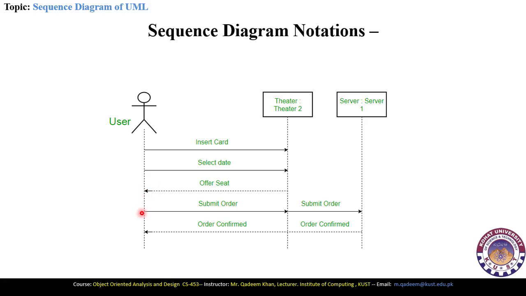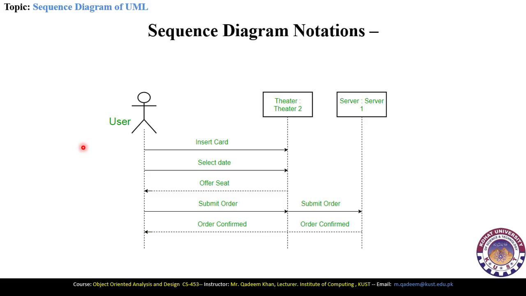Then the actor submits the order to Theater 2, but this order goes to the Server 1 object. Submit order is provided to the server object, and then the server object confirms the order, and the confirmation is provided to the end user, that is the user here.